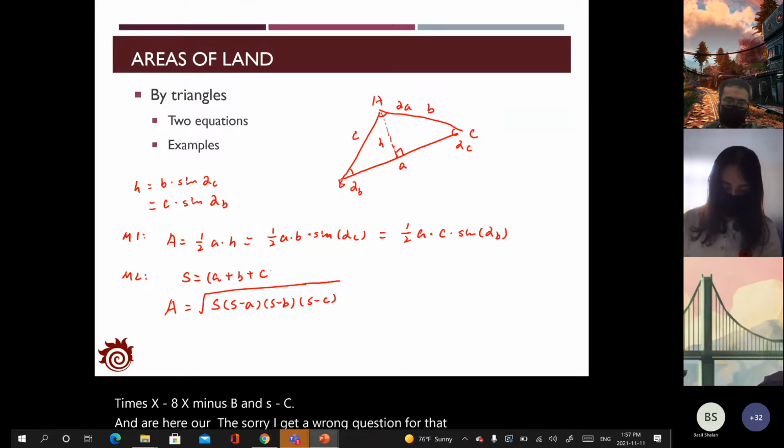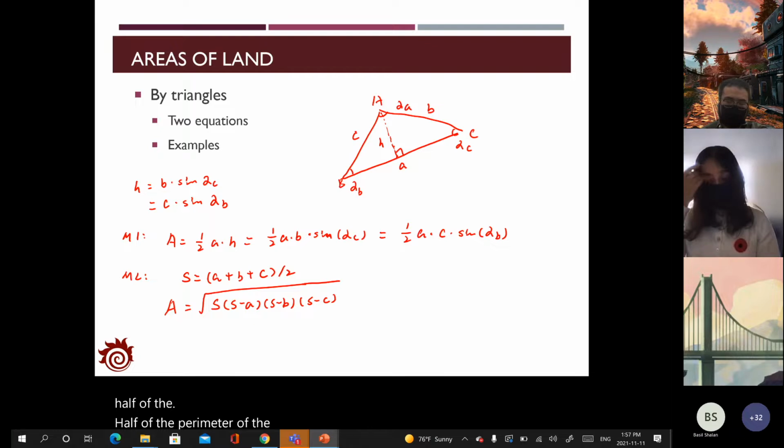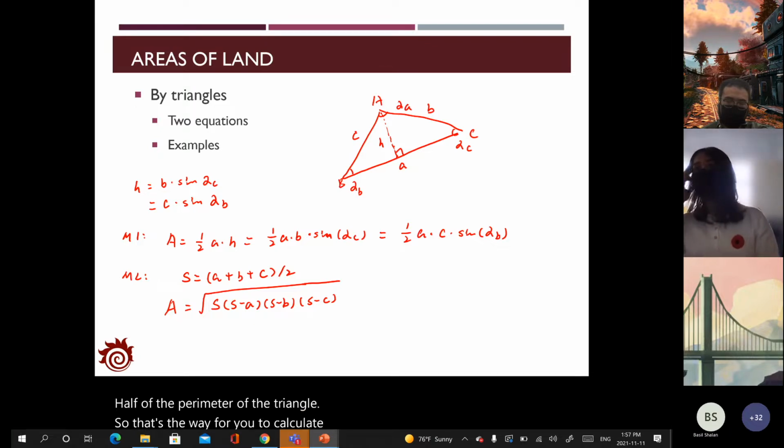S is actually half of the perimeter of the triangle. So that's the way for you to calculate the area of one triangle.